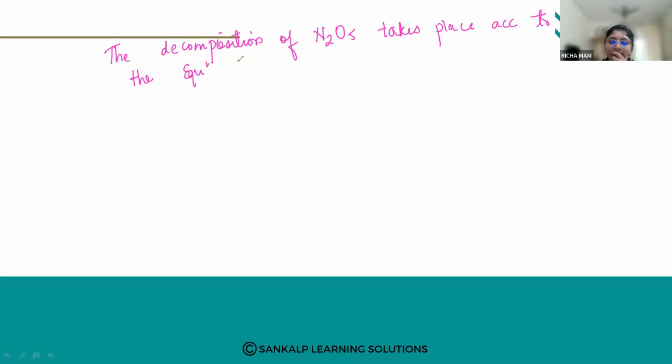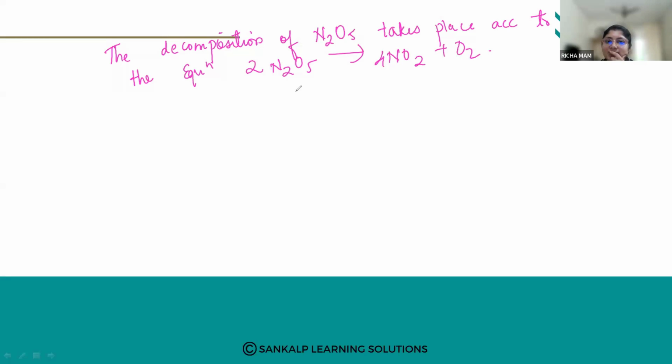One more problem. The decomposition of N2O5 takes place according to the equation 2N2O5 giving you 4NO2 plus O2.